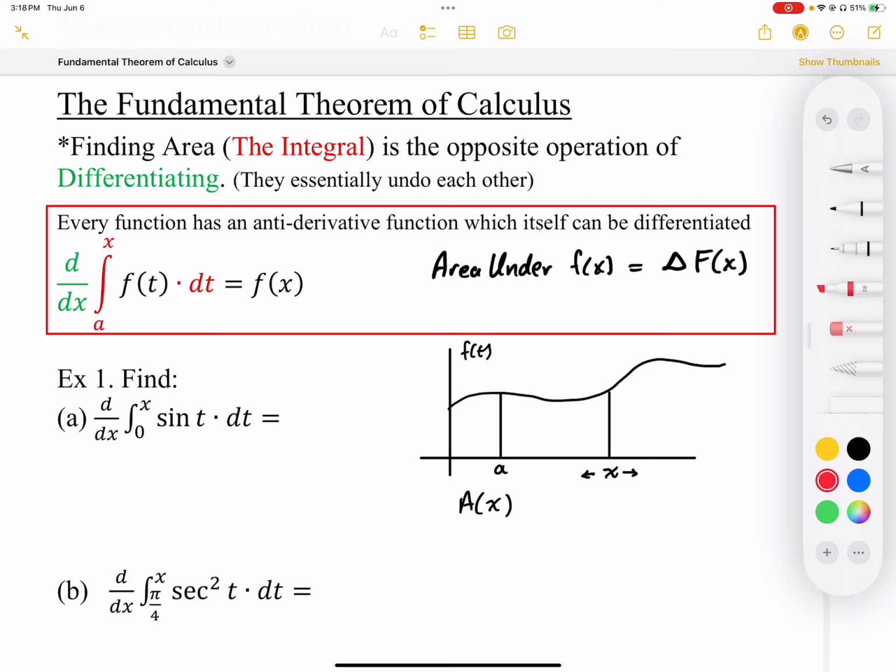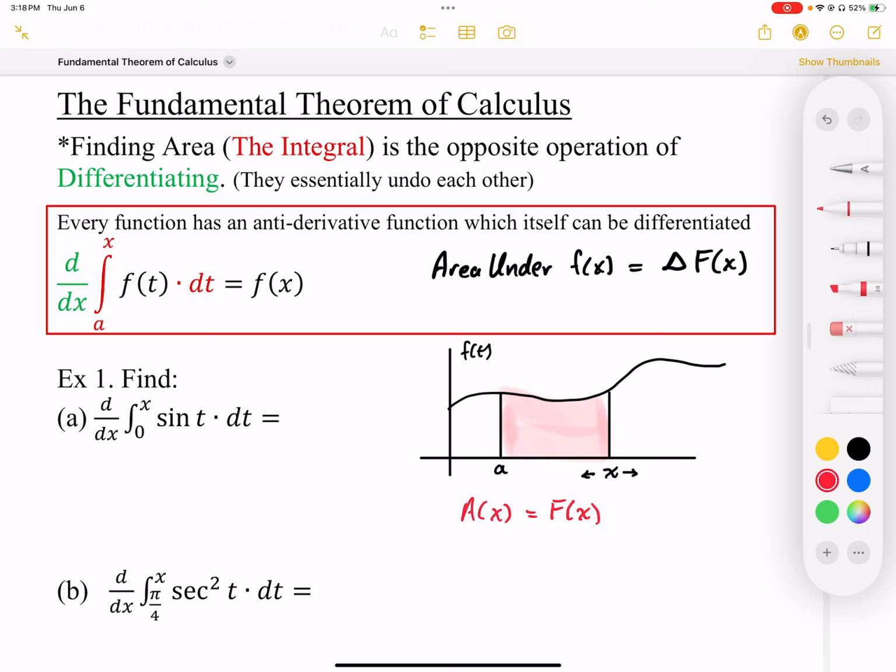Okay, so I'm just going to shade that in here. So this area can be found by moving that point left and right. So we're going to call that A of x, area as a function of x. That is our antiderivative function that we're going to call F of x.